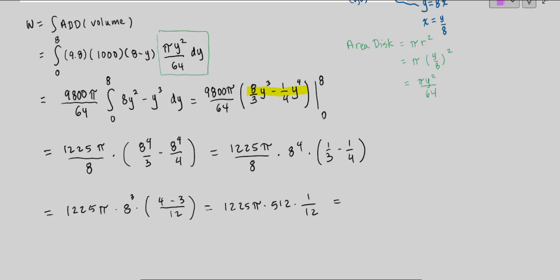And this will simplify to 156,800 pi divided by 3. And units of work, Newton meters, or we can use joules.